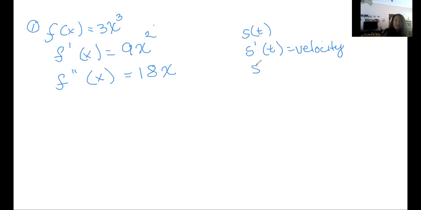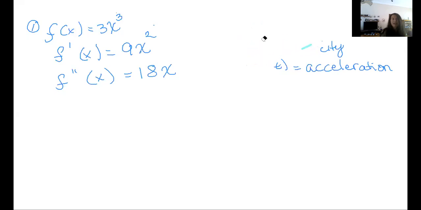And if you take the second derivative, you get the acceleration of what that object is moving at. And that's why we're learning how to do this, because it becomes more of a shortcut in finding velocity and acceleration of an object. Let's just go ahead and go through some examples.